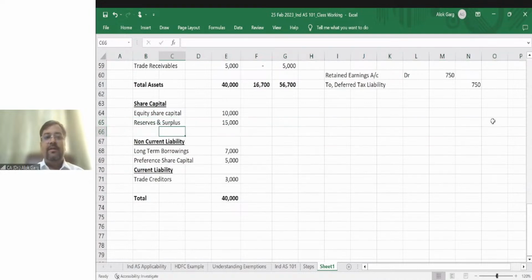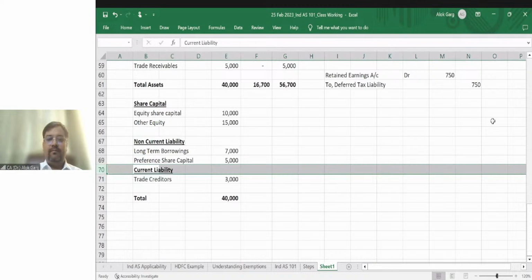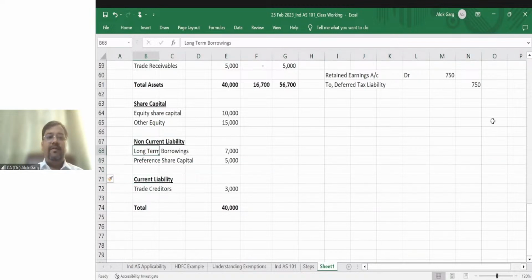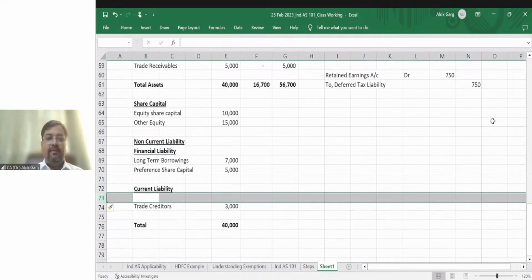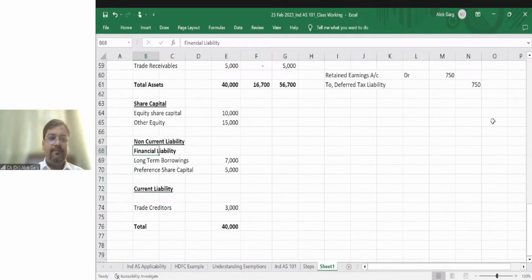Second, this reserves and surplus is known as other equity. Okay. And this non-current liability also becomes a financial liability. So there is a classification between financial and non-financial also in Ind AS.